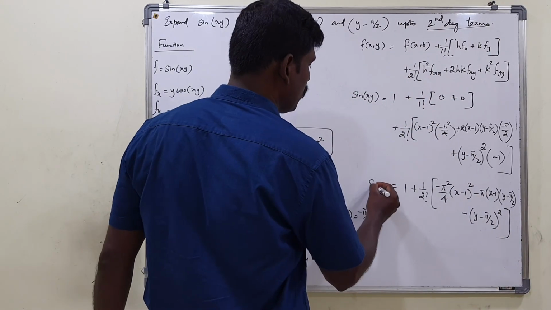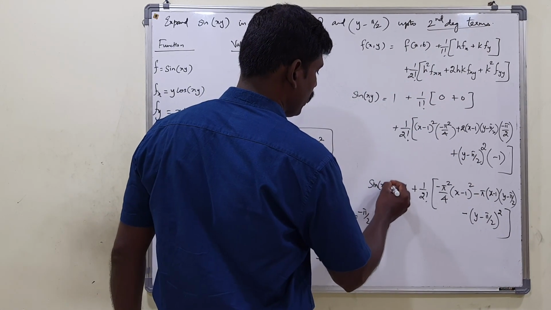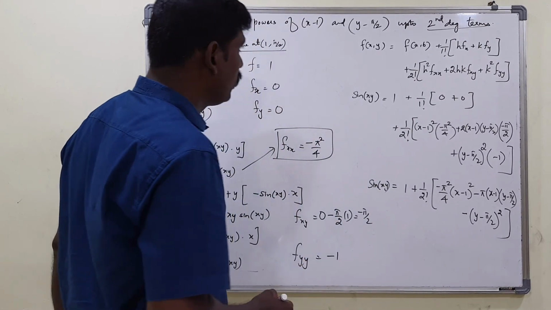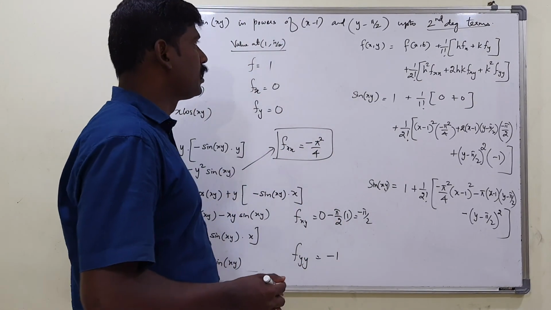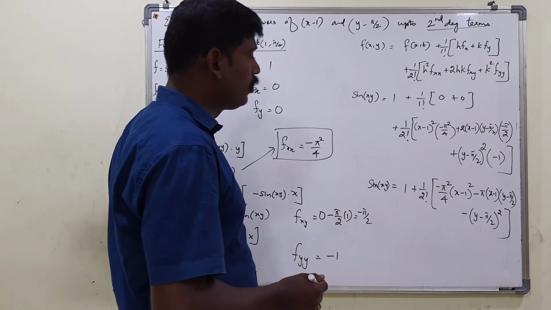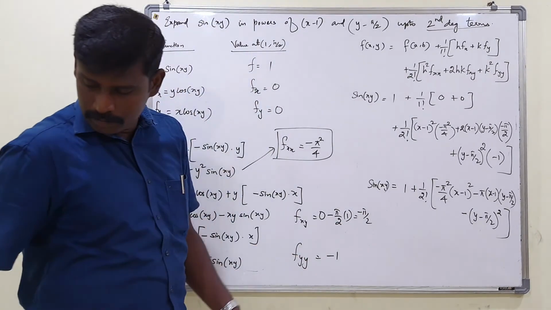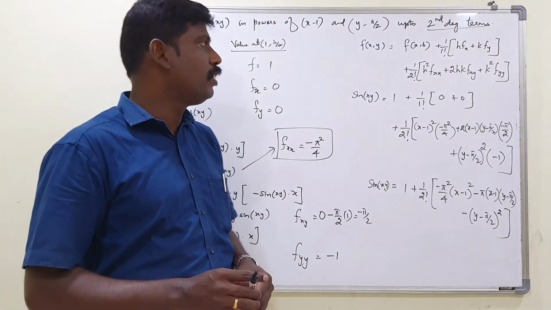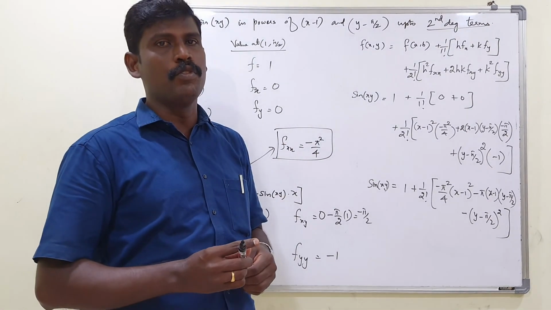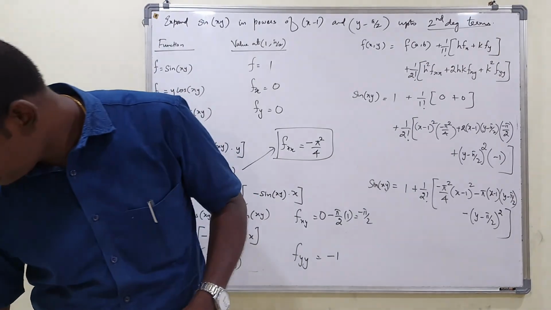So this is the expansion of sin of xy about the point x equals 1 and y equals pi by 2, up to the second degree term. Okay, so that's all. So I worked out almost every problem in Taylor series for functions of two variables. Thank you.